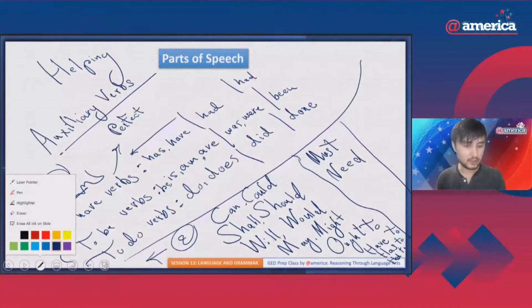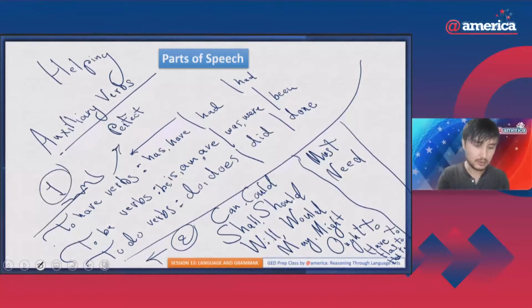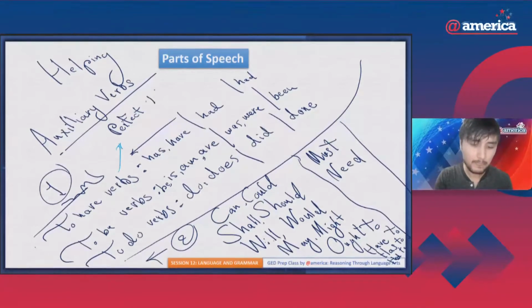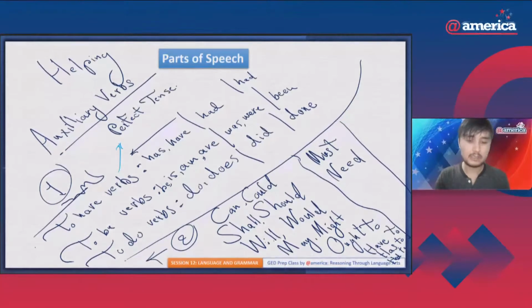Let me maybe change the color of the pen so it does not confuse you. So you use to have verbs for perfect tenses. It doesn't really matter which perfect tense you have.